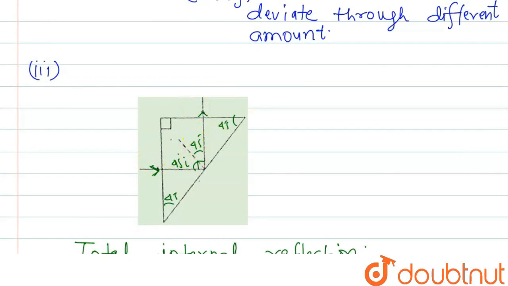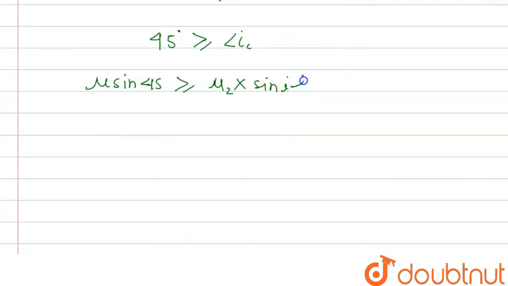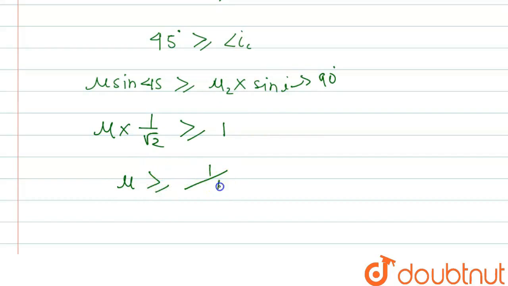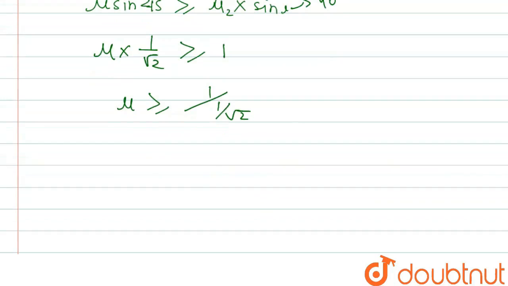So you can write mu and sine 45 is 1 by root 2. This must be greater than mu 2, that is 1 for air, and sine 90 is also 1, so this will be 1. So we can write mu should be greater than 1 divided by 1 by root 2. So the value of mu should be greater than or equal to root 2.